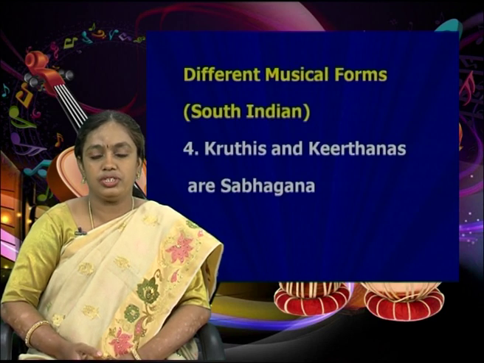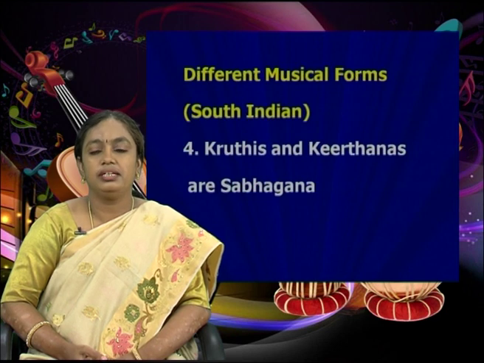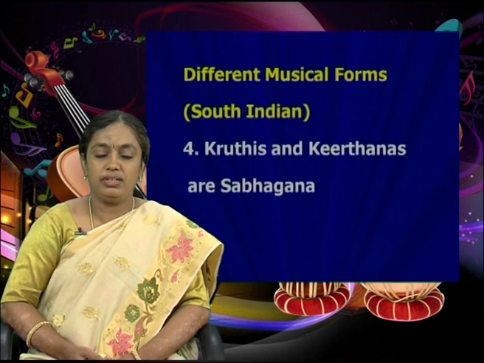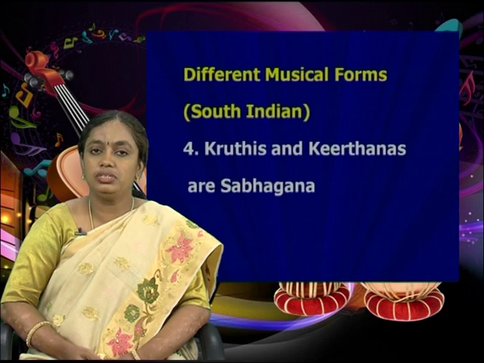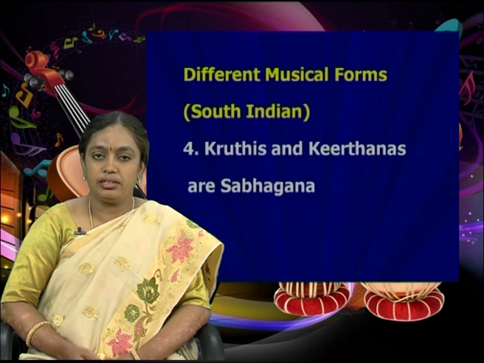After the kritis and kirtanas, you can observe the Sabhagana format, including kritis, kirtanas, javalis, padams, daruvus, tillana, taranga, Annamacharya kirtana, and all these are called Sabhagana, because when we perform on the stage, in the performances or in the programs or in sabhas, we present all these compositions like kriti, kirtana, taranga and many more.